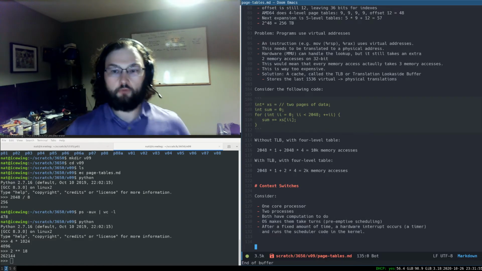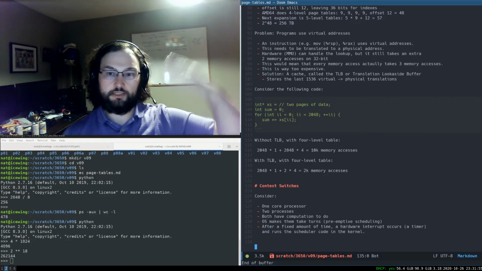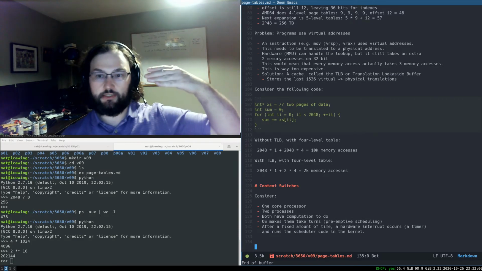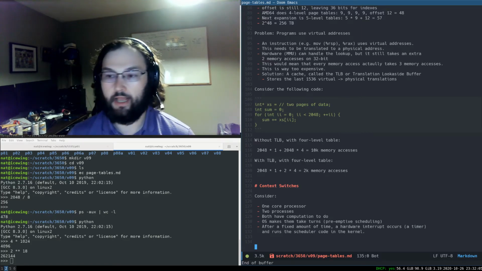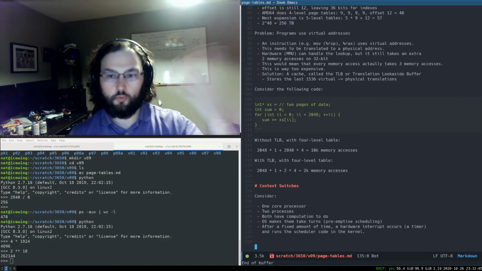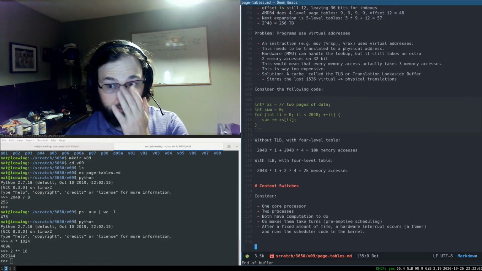So every, I don't know, 4 milliseconds or something, this timer interrupt happens and checks to see whether we need to switch from one process to the other one. And if both of them have work to do, then we'll just go ahead and switch back and forth every 4 milliseconds.